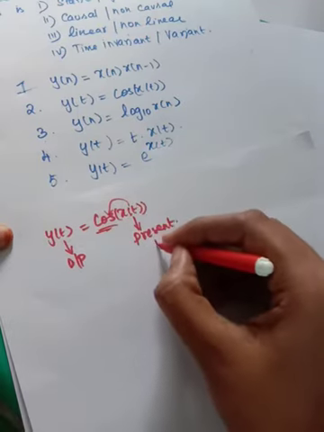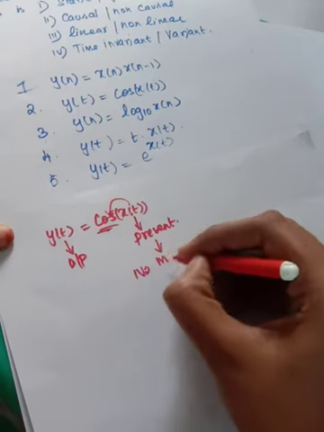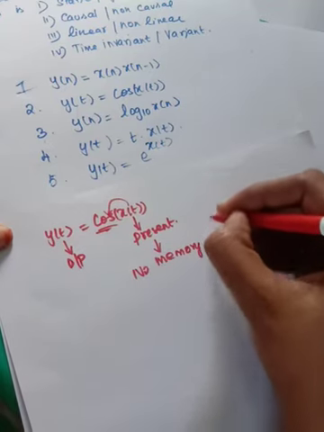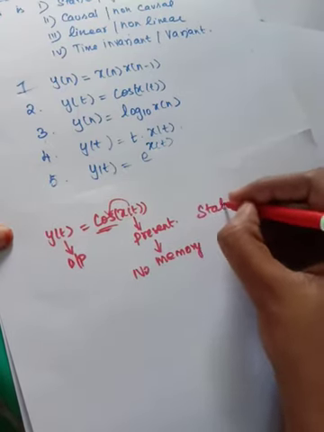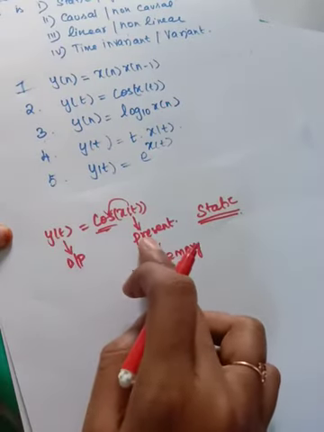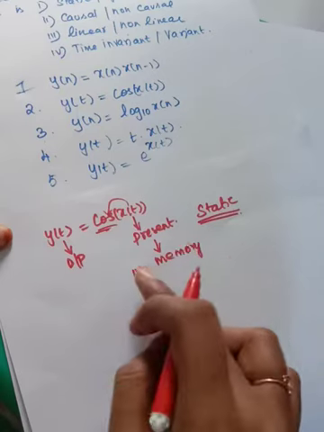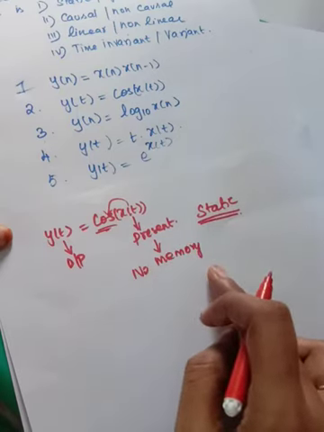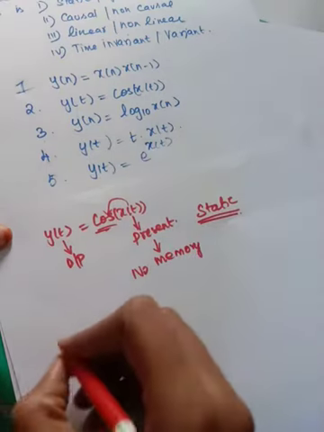So there is no need of memory, hence it is said to be a static system. Here you need to write that the present output depends only on the present input, it does not require any memory, so it is said to be a static system.